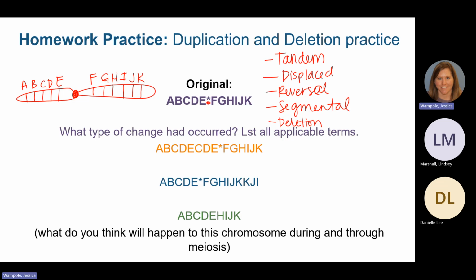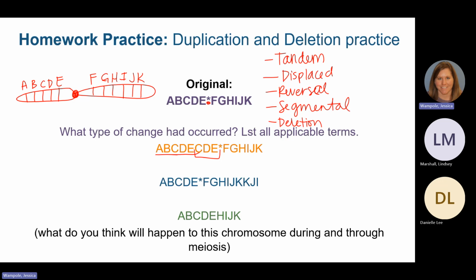But if we look at the first one, can anybody identify whether this was a duplication or a deletion? Duplication, very good. So which part was duplicated? C. Very good, CDE. So this is our original segment. This would be our duplication, or the other way around. We don't really know which one is the duplicated one. So it's a duplication.